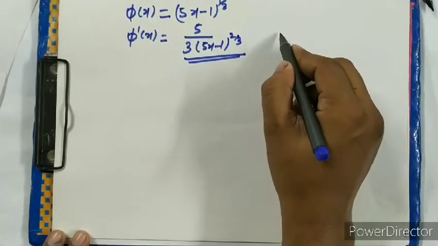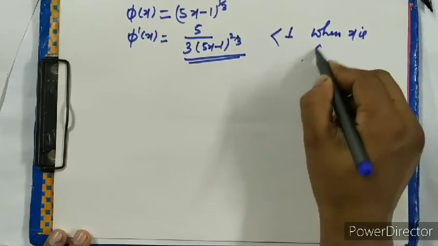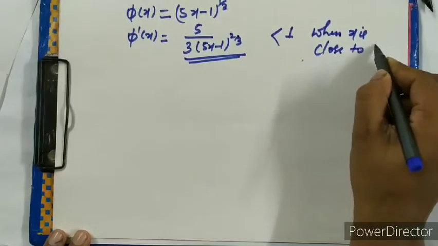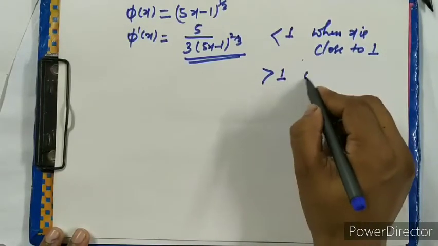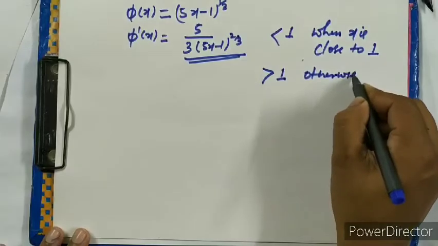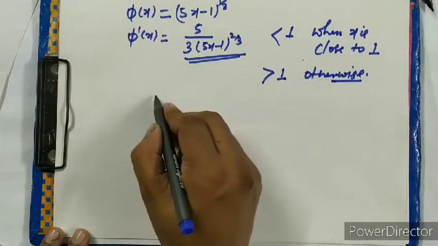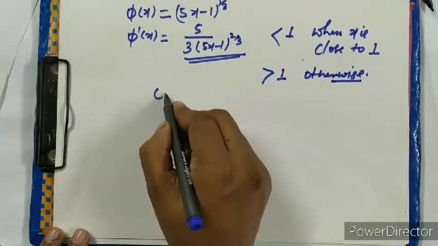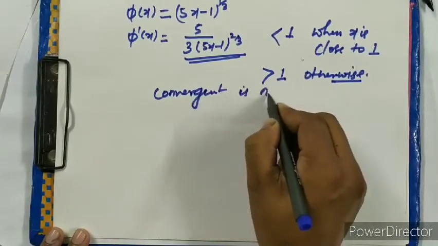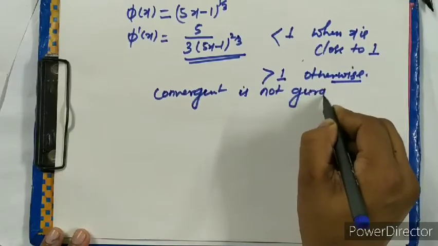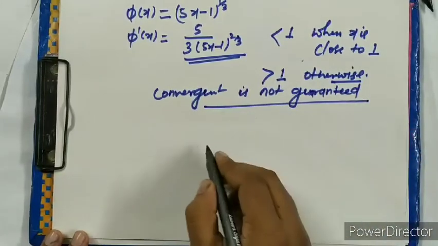Clearly it is less than 1 only when x is close to 1, otherwise greater than 1 in the interval. So convergence is not guaranteed. Okay, it need not be convergent.